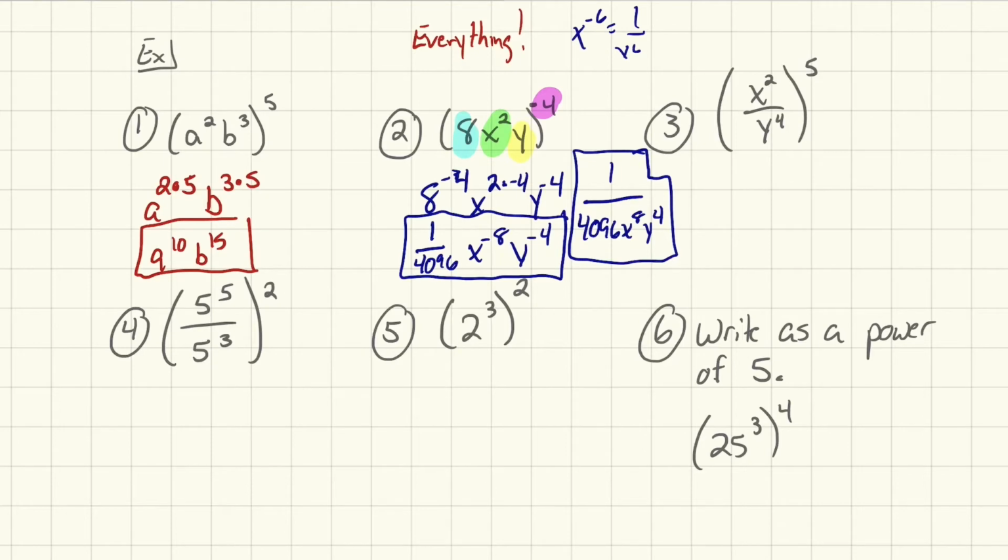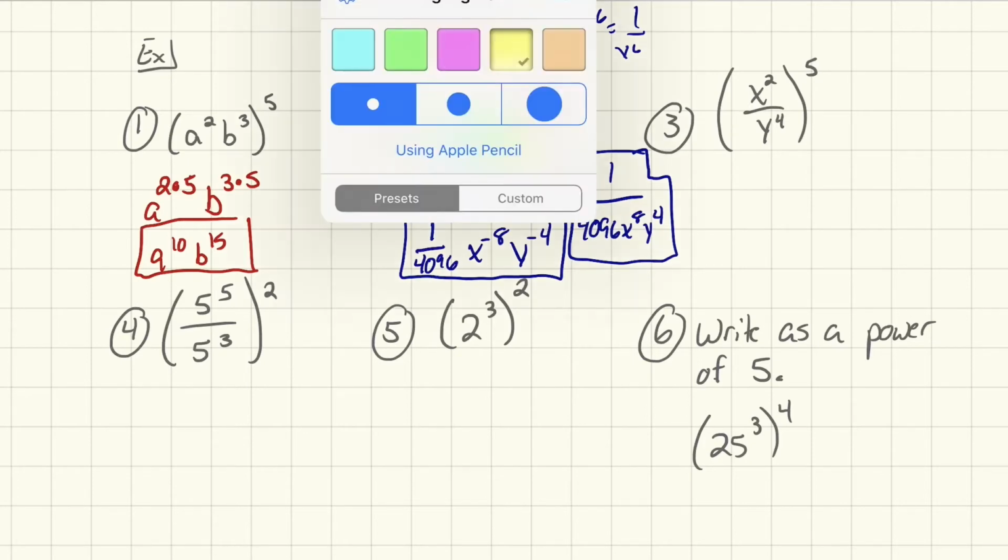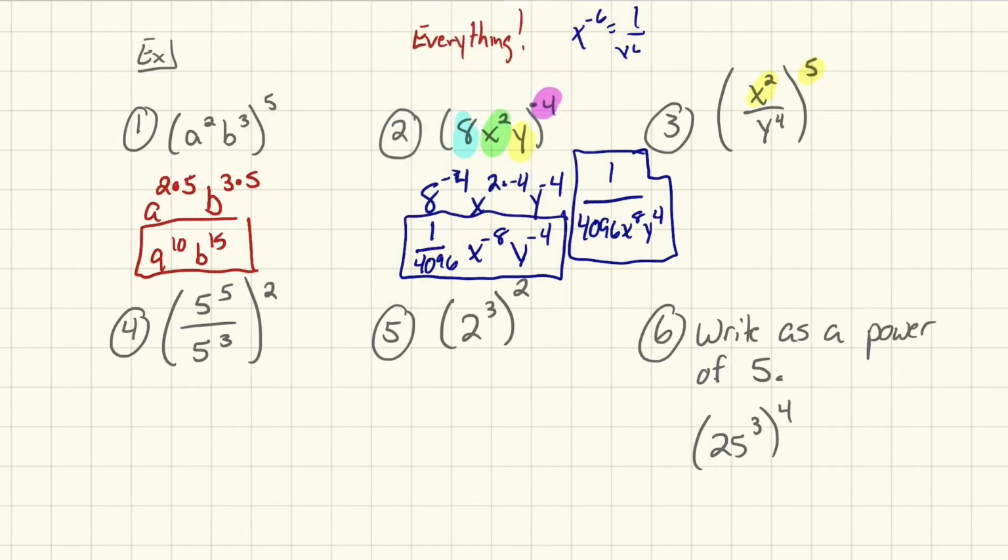Okay, the last thing that we have, or the third thing that we have in our problem set is x squared divided by y to the 4th, and all of that is to the 5th power. So to handle that, we can't divide inside the fraction because I have two different variables. So what I have to do is go back and use my power rules, right? x squared to the 5th.